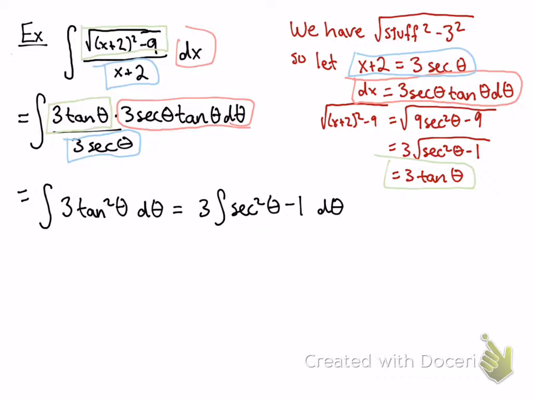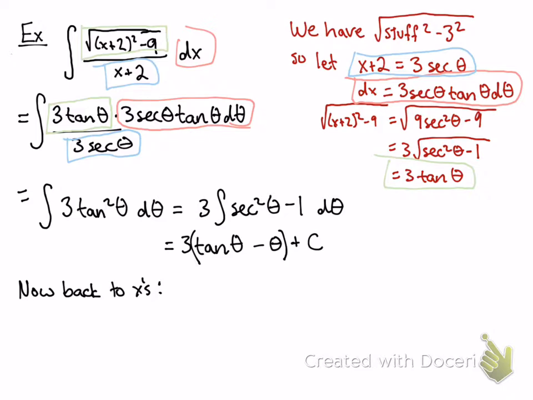The derivative of tangent is secant squared, so the integral of secant squared is tangent. The integral of 1 is just theta, if the variable is theta. The integral of 1 dx is x, and the integral of 1 d theta is theta. So I have 3 times tangent of theta minus theta plus a constant.